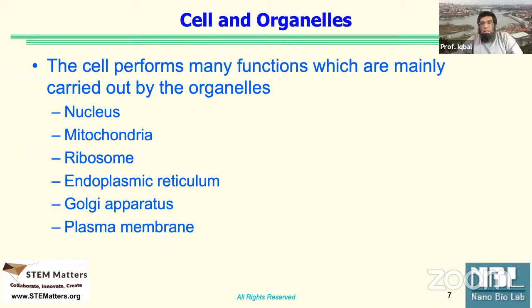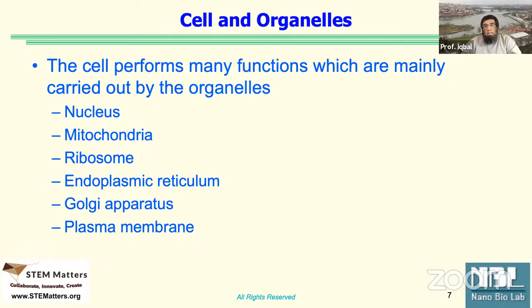In these cells, there's this thing called the plasma membrane, which is basically holding the cell together. We don't consider it an organelle, but we list it as an entity that belongs to a cell, because the plasma membrane carries out many important tasks in our cell functions.